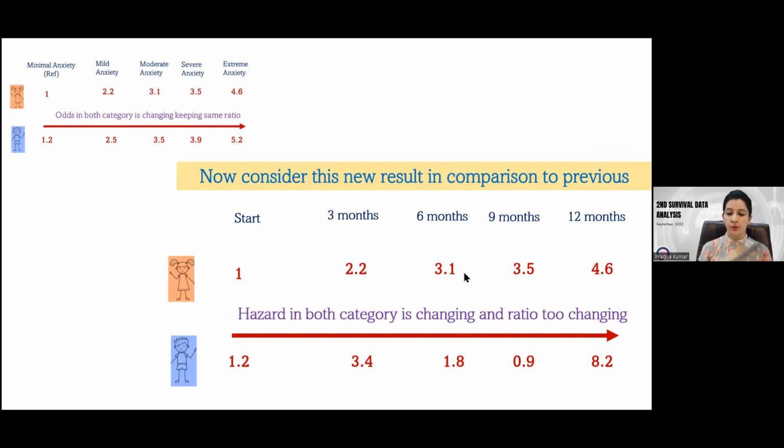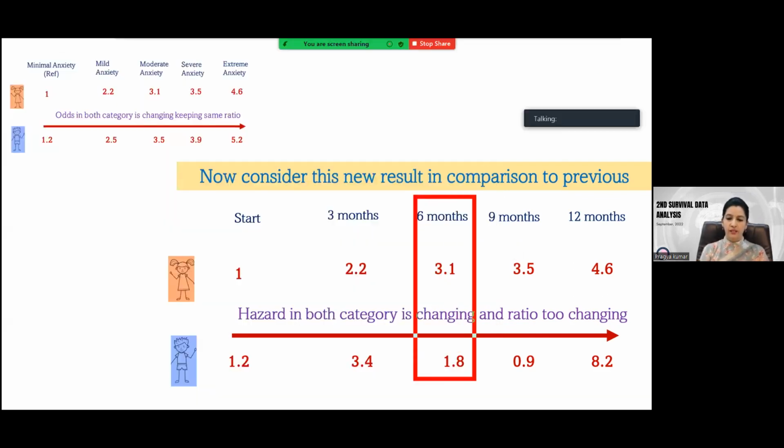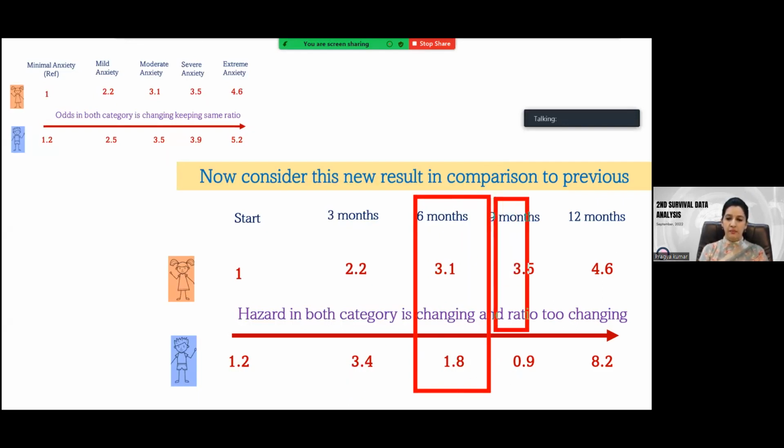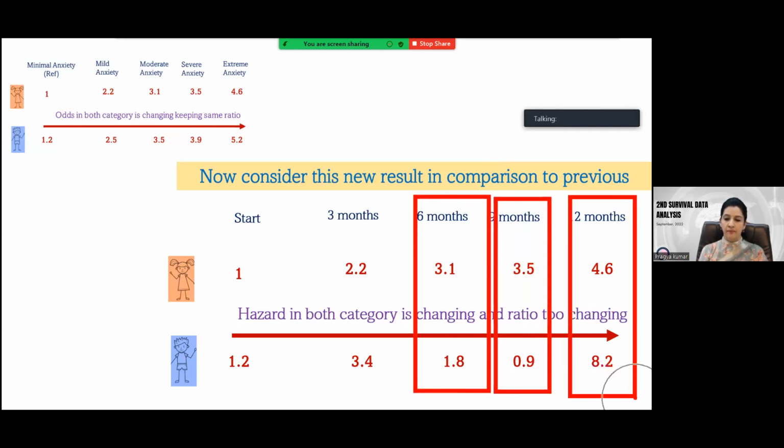It is not 1.2 here. If you see at this time point, it is not the same as 1.2. At 9 months also it is not the same. Here also it is not the same. So what have you seen? That the hazard is also changing and the ratio is also not constant.